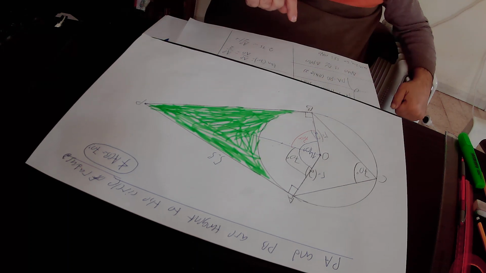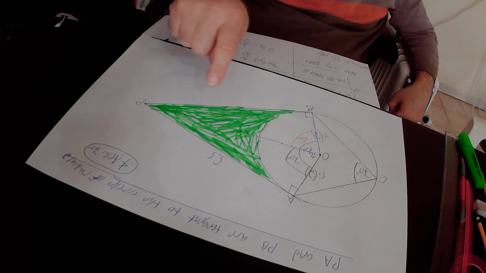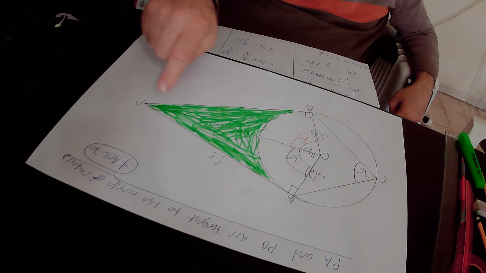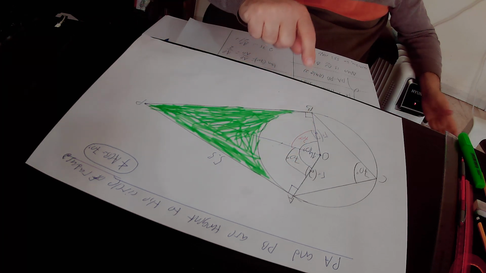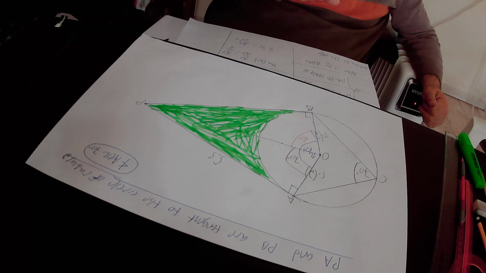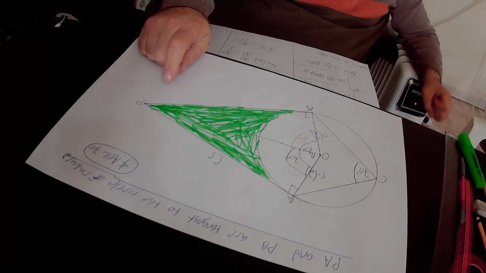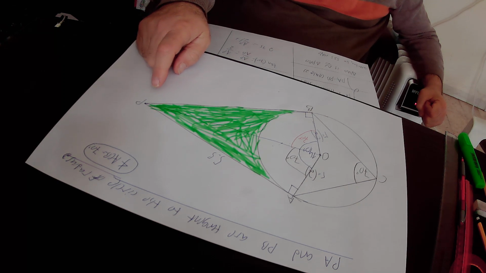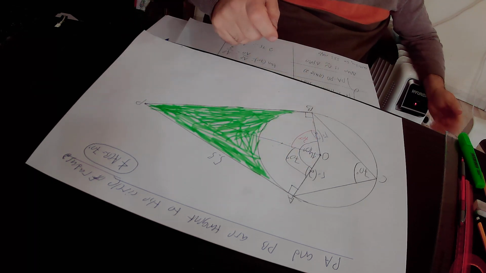And finally, side PA in the right triangle PAO equals side PB in the right triangle PBO according to rule 2. According to rule 2, from the common point P we have two tangents to this circle, tangent PA and tangent PB, and they are equal to each other.